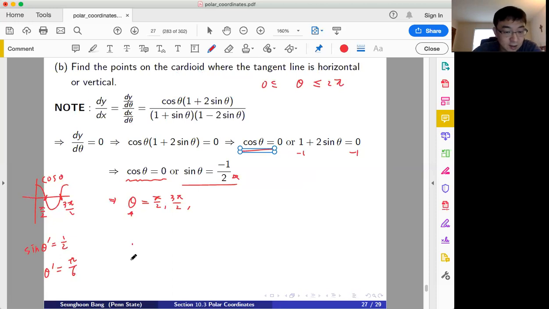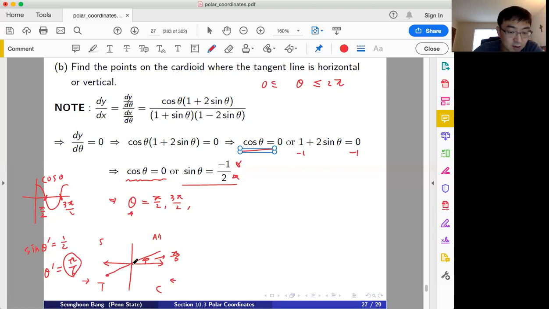Pi over 6. So you can draw here. All students take calculus: sine function is negative in the third quadrant and the fourth quadrant. You can use reference angle pi over 6 and move this one to the third quadrant by reflecting about the origin.